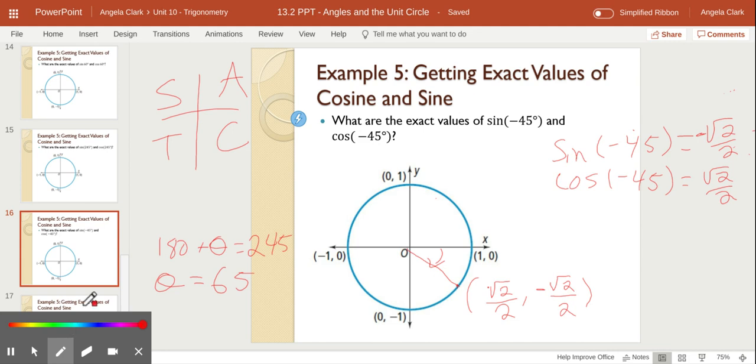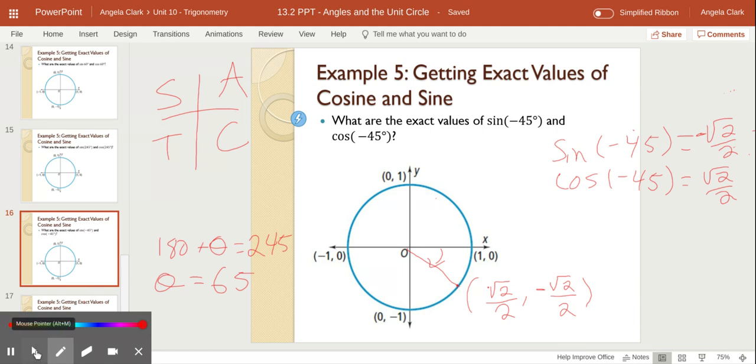Okay. Also, we could have added 360 to figure out what our reference angle is, but if you're negative in this quadrant, it's pretty obvious what your reference angle is. It's just the positive version of this. So we didn't need to do that. Okay.